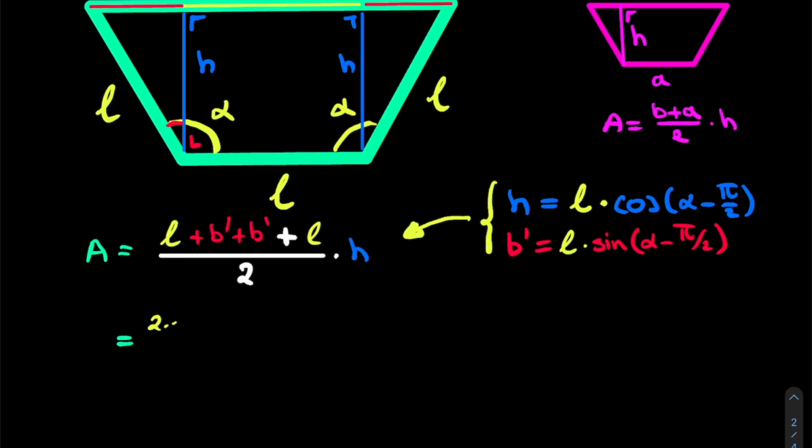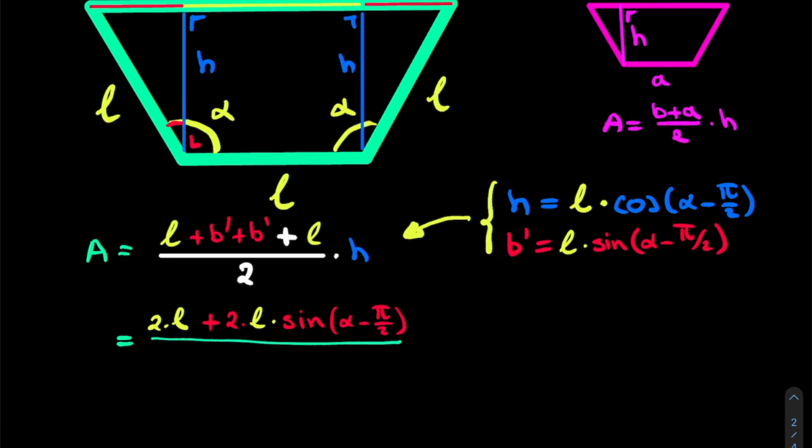We have 2 times L, taking this L and this L together, plus 2 times b prime, but we know that b prime is simply L multiplied by the sine of alpha minus pi over 2. So we have 2 times L multiplied by the sine of alpha minus pi over 2.